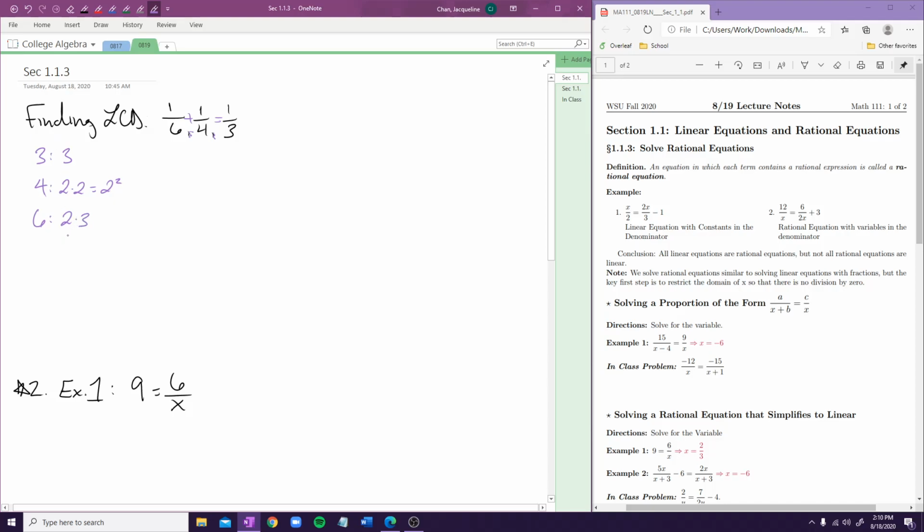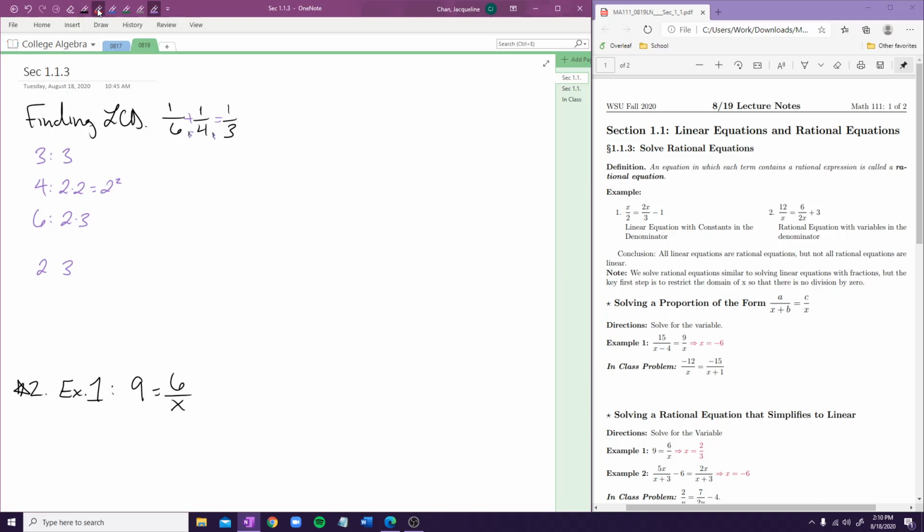So now, disregard what I said yesterday. You look at all these factorizations and you pick each unique number. So I see 2 and I see 3. Now that they're listed, you look at each number that you listed and you want to take the highest exponent.